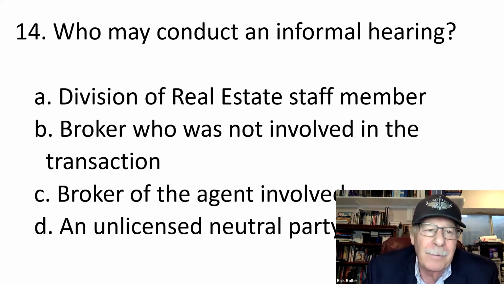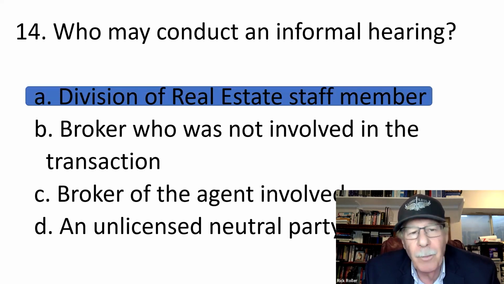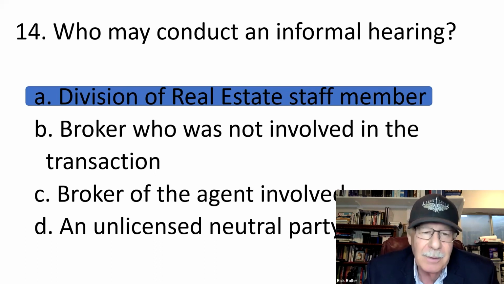Okay, a formal hearing. So who would do this? Well, a staff member is a correct answer. I'll just give it to you. The broker who was not involved in the transaction. When you get a broker that's hearing something went wrong, that's probably going to be at the board of realtors level, and it's going to probably be in an ethics hearing or a commission dispute.